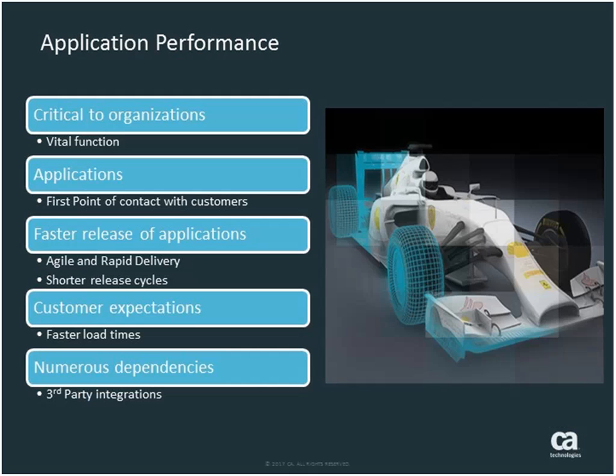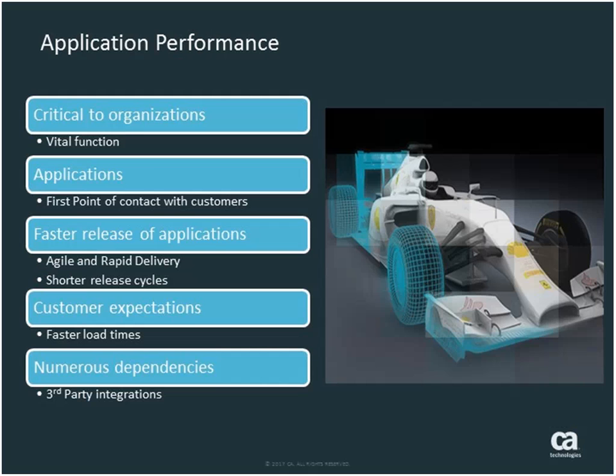As we were talking, application performance is, I'm sure most of you have an application performance function within your organization, and it is very critical to organizations and a vital function, especially now in the application economy where everything is driven by software, and applications or software is the first point of contact with customers for most of the companies.